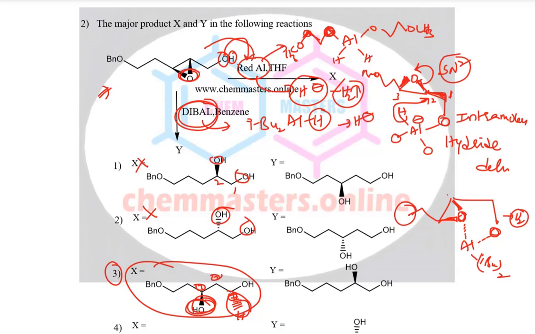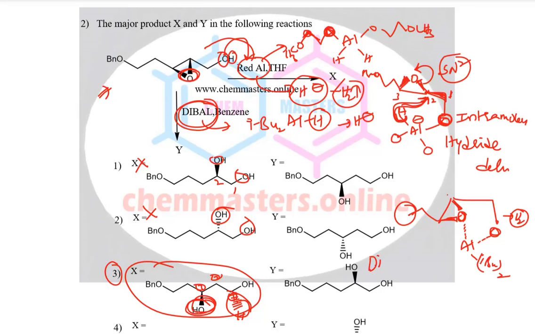Whereas in red aluminum only one hydride is eliminated whenever it is interacting with the allylic hydroxy oxygen. Now the other, remaining hydride is delivered intramolecularly to open this epoxide. Whereas with DIBAL, an extra DIBAL should work here.